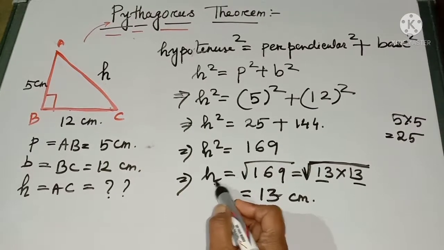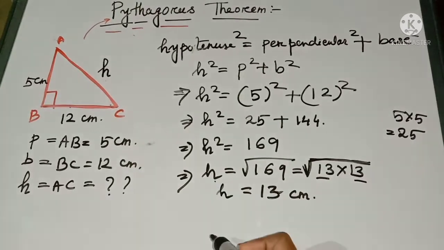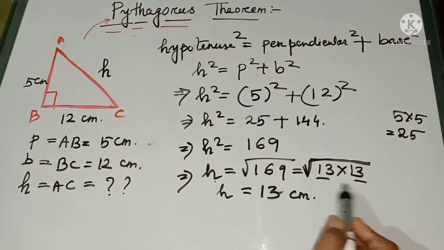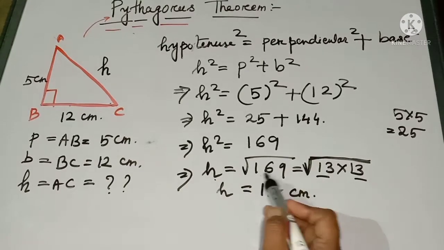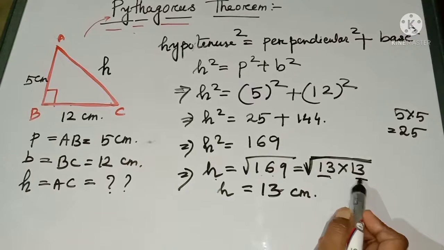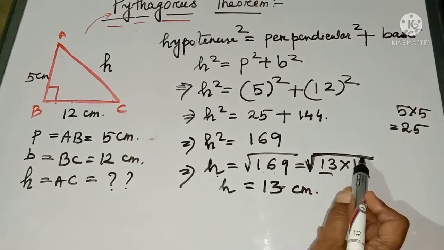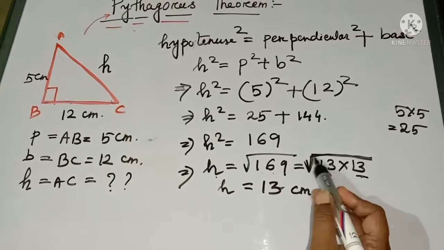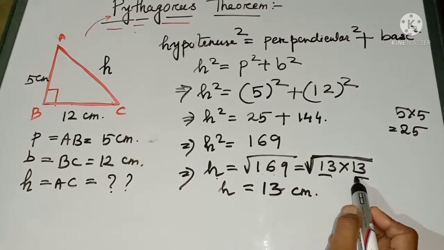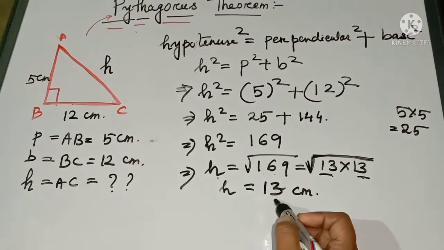So, hypotenuse equal to 13 centimeters. This is your answer. I think you are clear on this part. When you multiply 13 into 13, you will get 169. Whenever there is a root over two same numbers, it becomes a single number. So it is 13 centimeters.